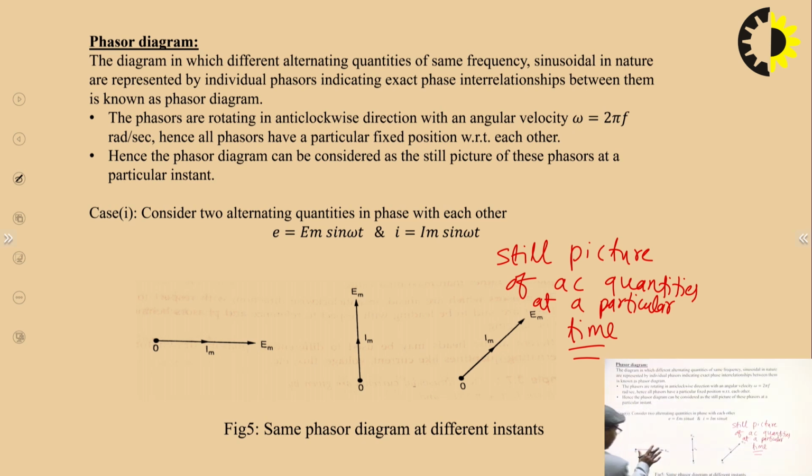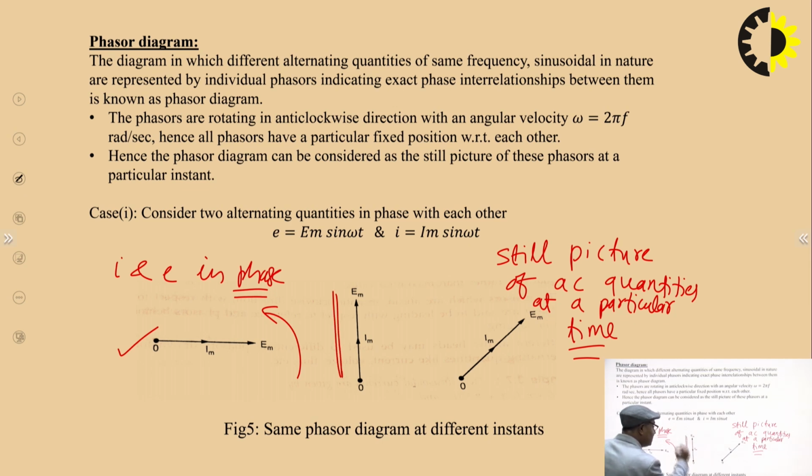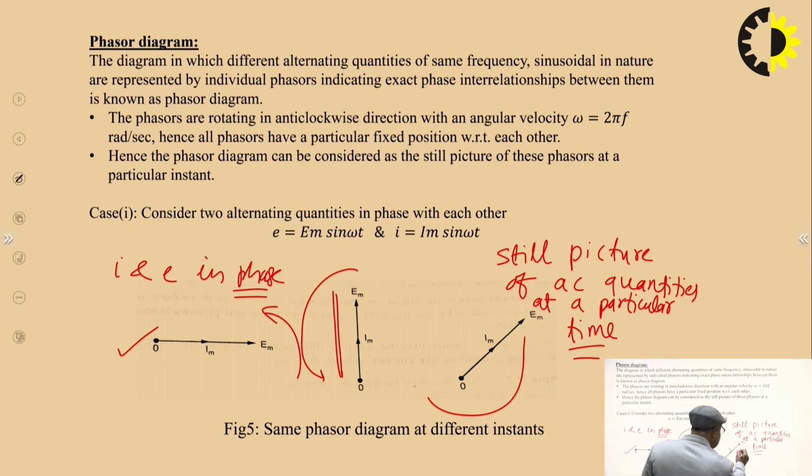Suppose at some instant they are both aligned along the x axis. We are showing the phasor diagram of quantities with the same phase, so I and E are in phase. At some time they will be here, and after some time, since they are continuously rotating, they will be along the y axis, and after rotating again they can come here, and again they can go here.